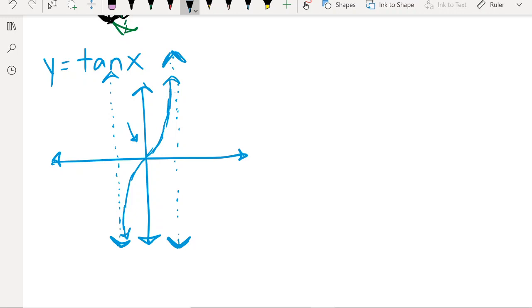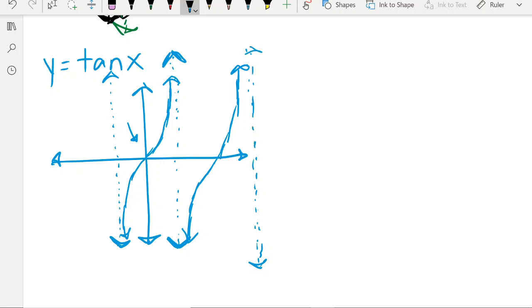This one little piece right here does not go on for infinity to the left and to the right. It stops at negative pi over 2 and then at pi over 2 on the right hand side. But it does keep going forever with just little breakpoints where it can't equal a certain thing, and it is an infinite number of little cubic functions.